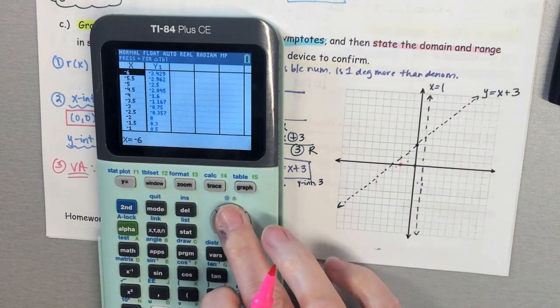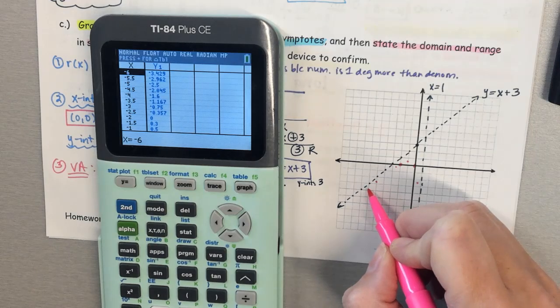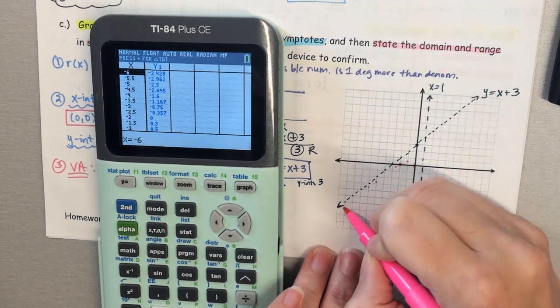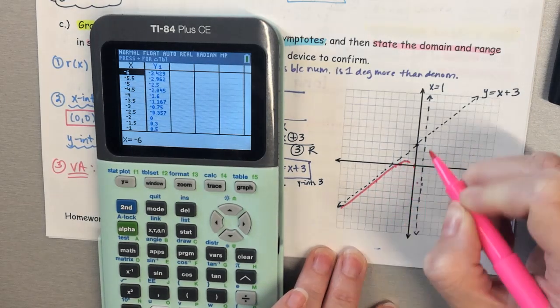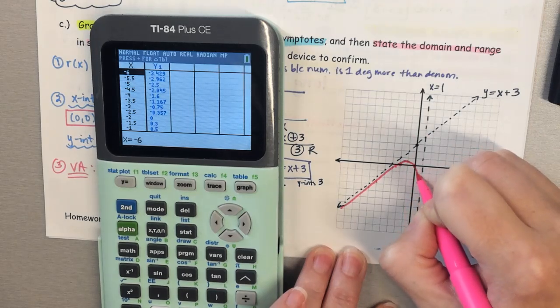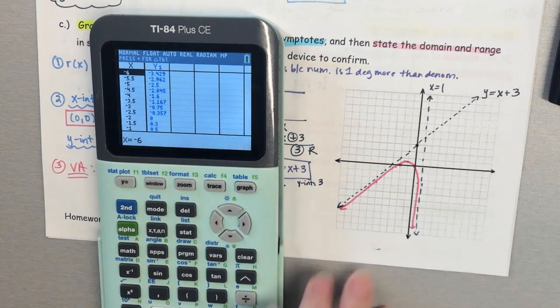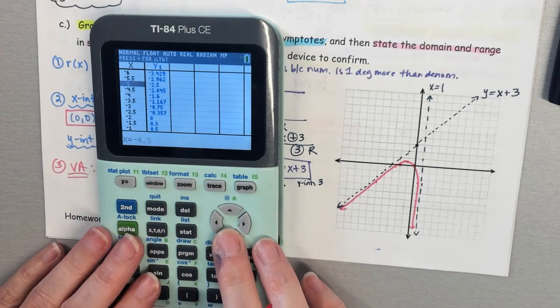So you're really just going to be following this line here. And so once you start to recognize that pattern, you can curve it down. Remember, it's never going to cross the vertical. So just be careful about that part.